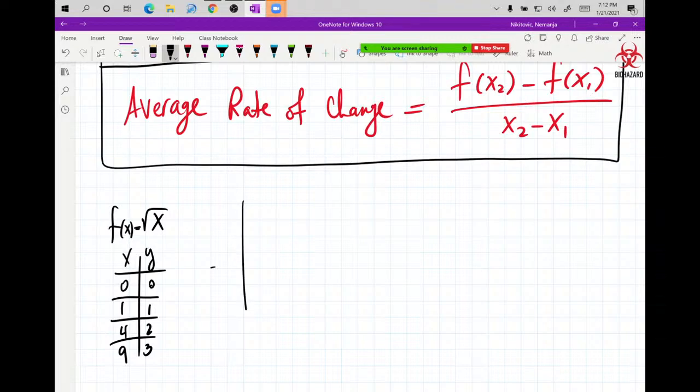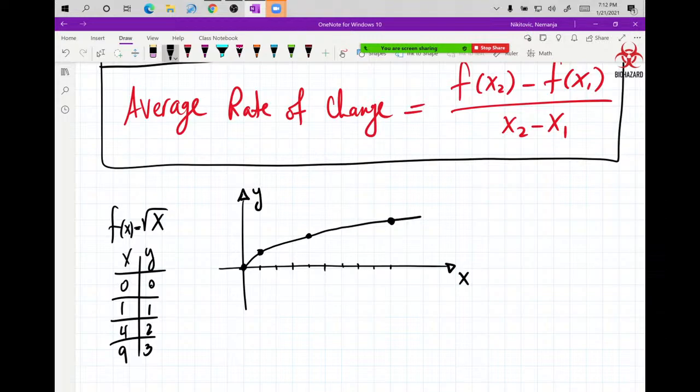So this is your square root of x graph, and you also have the function root x.